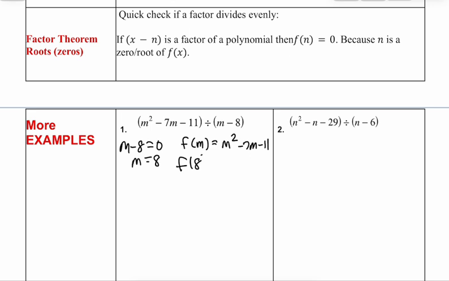If I plug in 8, I get 64 minus 56 minus 11, which is -3. That's my remainder. The height of the function at 8 is the remainder if you use division, which I think is so interesting.